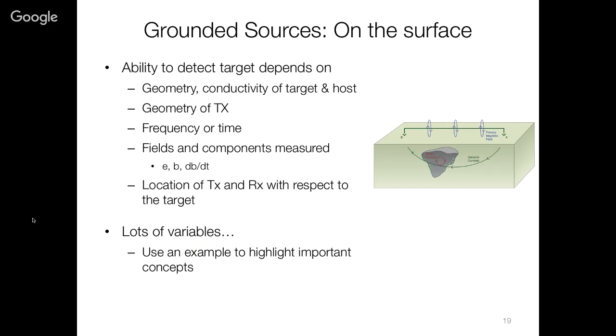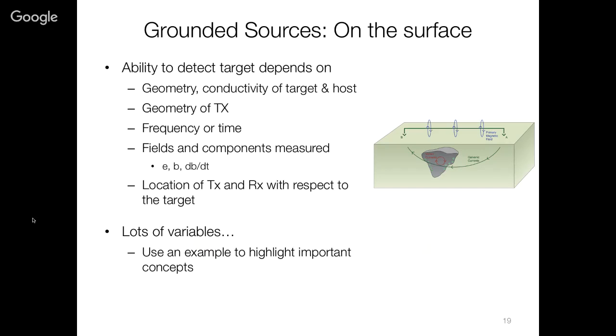So we could put this ground source on the surface, and its ability to detect a target is going to depend on some usual culprits, right? What's the geometry of the target, and its conductivity? What's the geometry of the transmitter? What's the size? Is it going to be frequency or time?